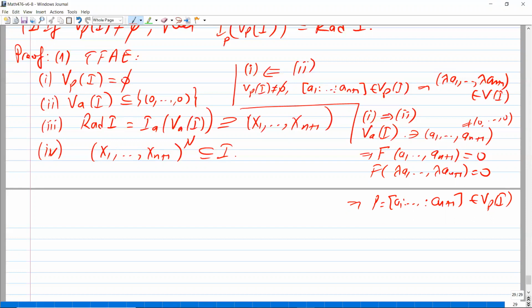2 implies 3. Of course, here we should assume that the field is algebraically closed, although we didn't say before, for example, the complex numbers. So how do we show that 2 implies 3? Let's see.